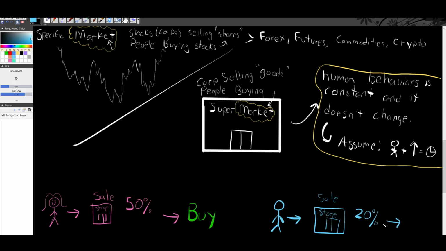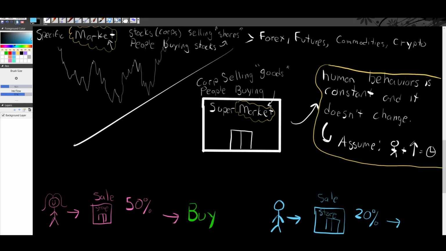Are you motivated to buy? Yes or no? Not as much, right? Some people might, some people might not. So now we're starting to get somewhere, right?